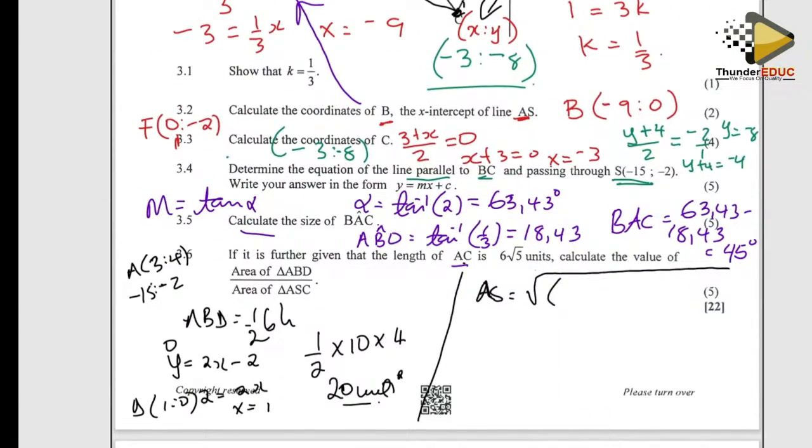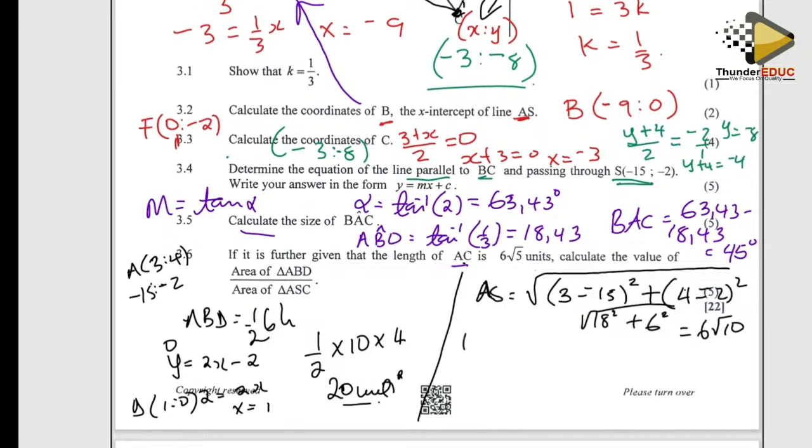So if I use the x's, that's going to be 3 minus 15 squared plus 4 minus 2 squared. So that's going to be 18 squared plus 6 squared and the square root. Okay, we're saying 18 squared plus 6 squared, which gives me 6√10.